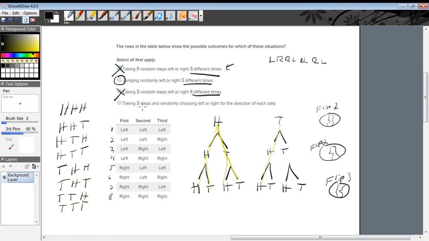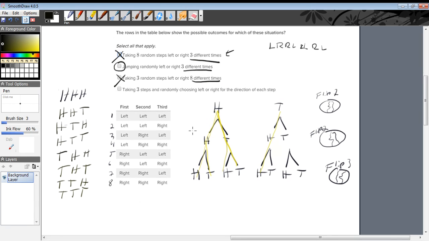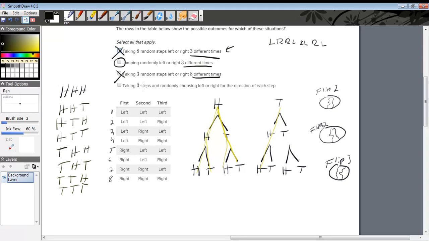That wouldn't work. Taking 3 steps and randomly choosing a left or right for the direction of each step. This one would work. Taking 3 steps, so a total of 1, 2, and 3. 3 steps total, and each time you're choosing either left or right.